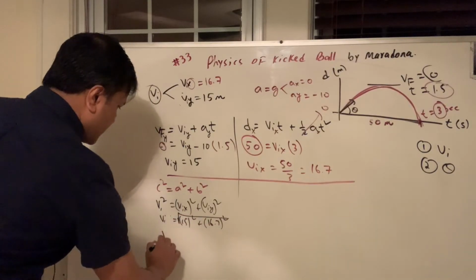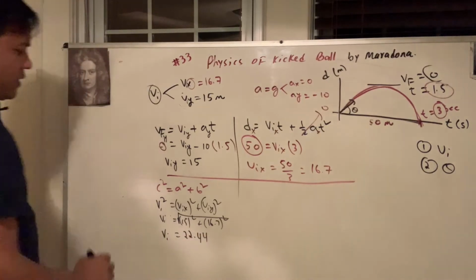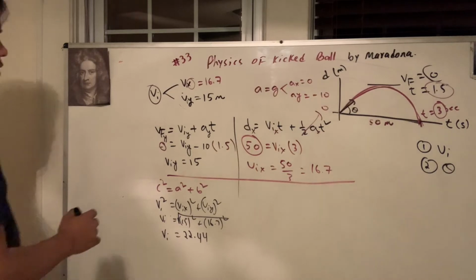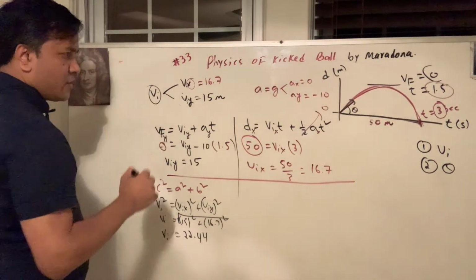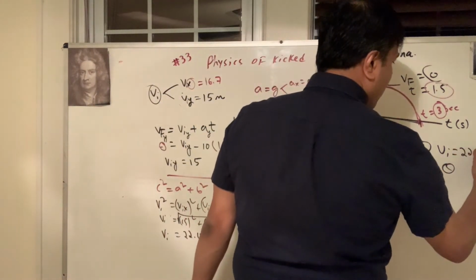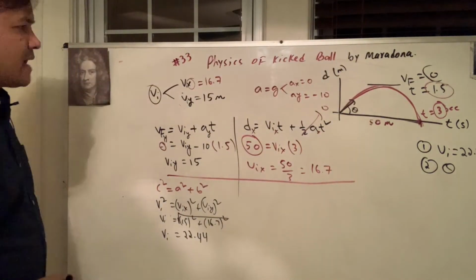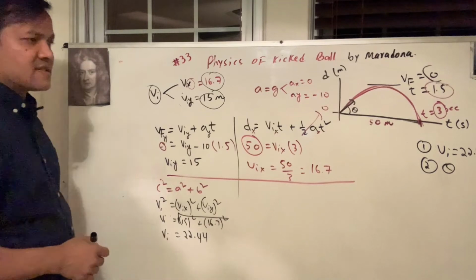That has to be Vi is 22.44. So we know the velocity: 22.44 meters per second. Does that make sense? Yeah, it does. One component is 15, the other component is 16.7, and the initial velocity is 22.44.